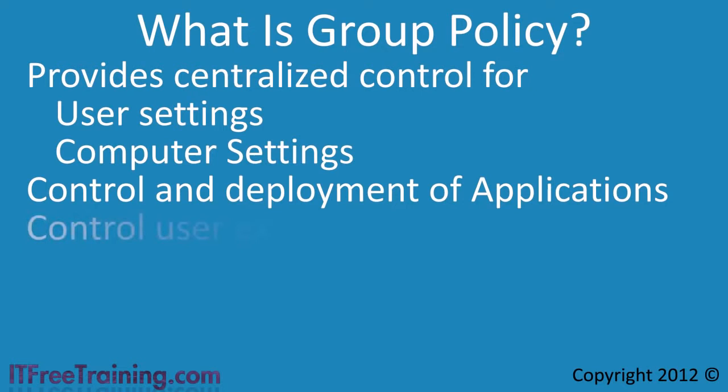Using group policy, you can control the user experience from a centralized location by customizing the look and feel of the desktop and configuring other settings on the computer. There are literally thousands of group policy settings that can be configured, allowing you to control almost every aspect of the user experience.